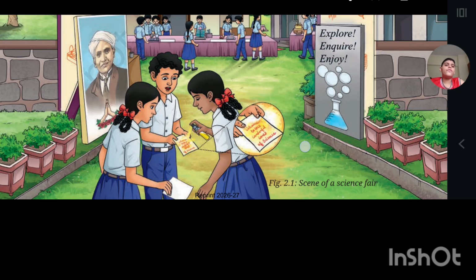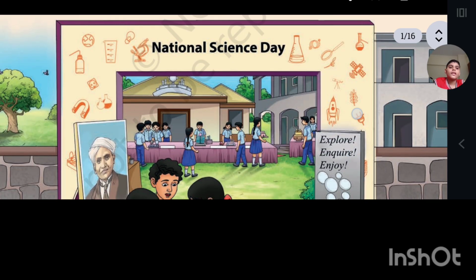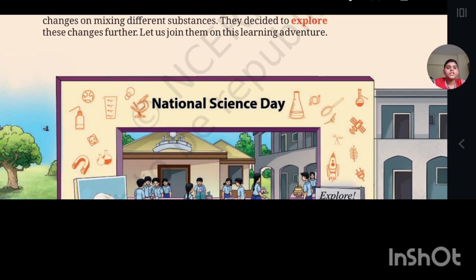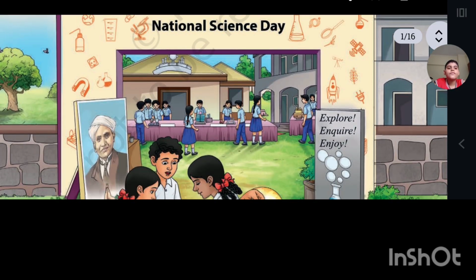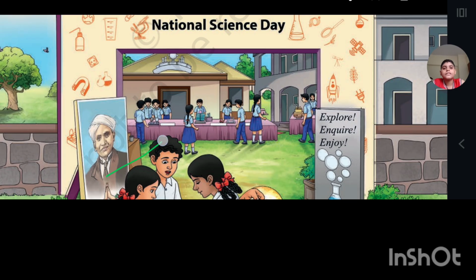Now we see one like this. Today was National Science Day. There is a photo of a scientist and a quote given: explore, inquire, and enjoy. What does this quote suggest you to do?